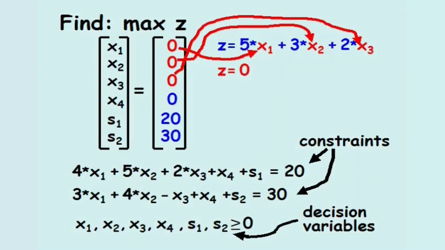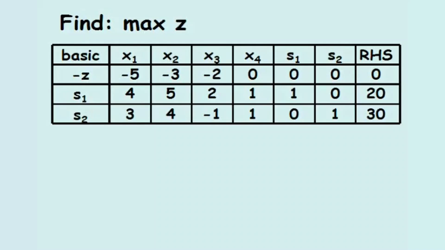Next, we'll use the simplex method to maximize z, such that the constraints are all satisfied. Setting up the simplex tableau for this problem, the two slack variables s1 and s2 are the two initial basic variables, with values of 20 and 30, respectively.